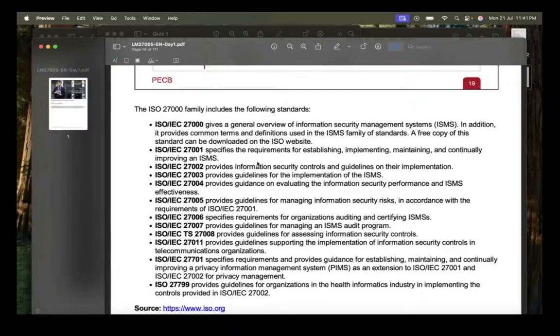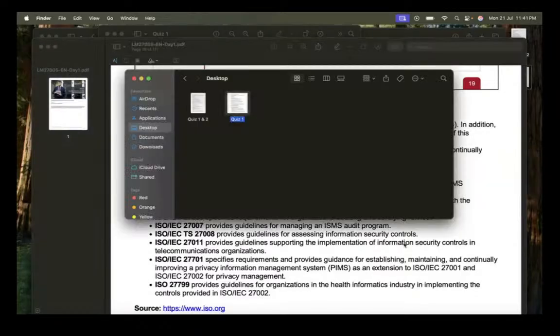Then the third option is 27,002, which provides information security controls and guidelines on their implementation. So if we look at what our question was here.